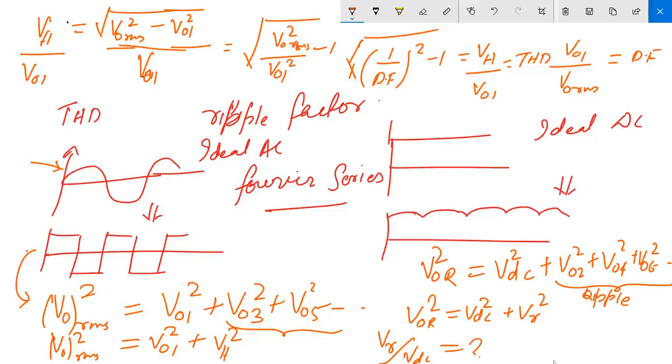So formulate it, you will get root under VRMS square divided by VDC square minus 1. And there is one term called form factor. Just go and read about this form factor and get the knowledge of it. I hope this is clear. We will discuss in detail about the loads which we have.